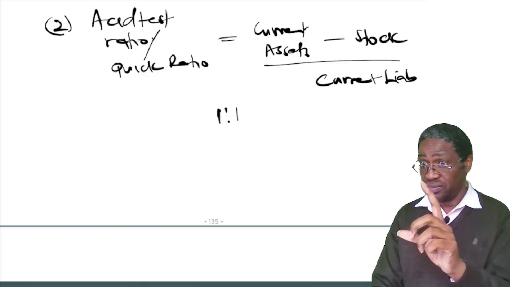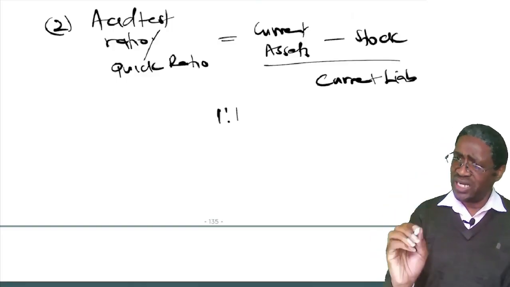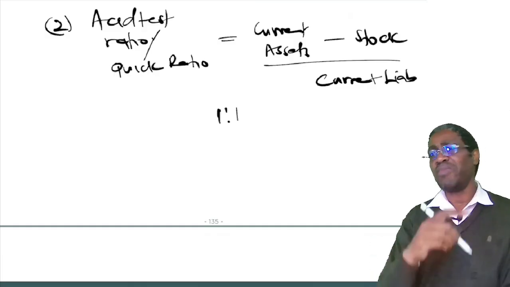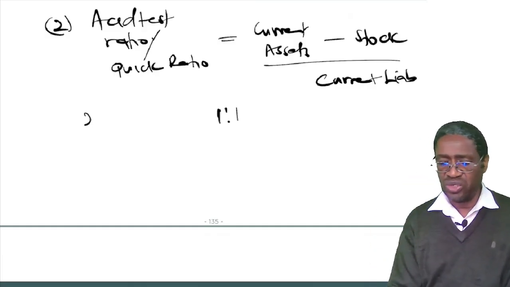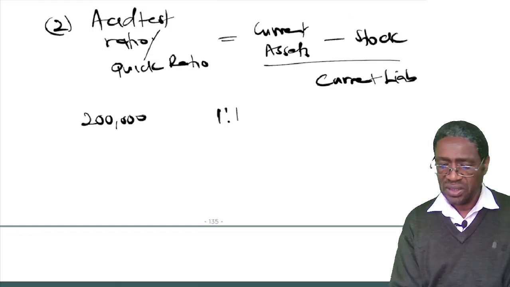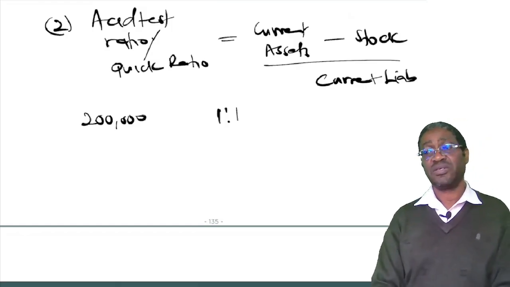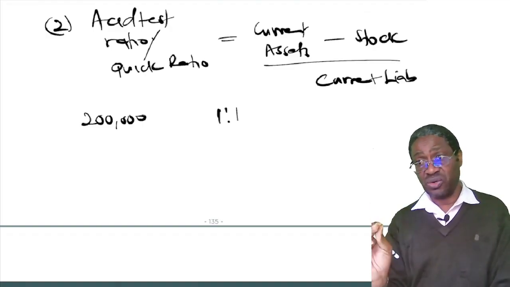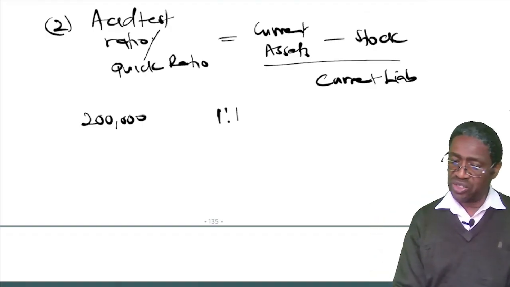In other words, if you take your current assets, you minus stocks, whatever you got, I'm assuming is 200 as your numerator.